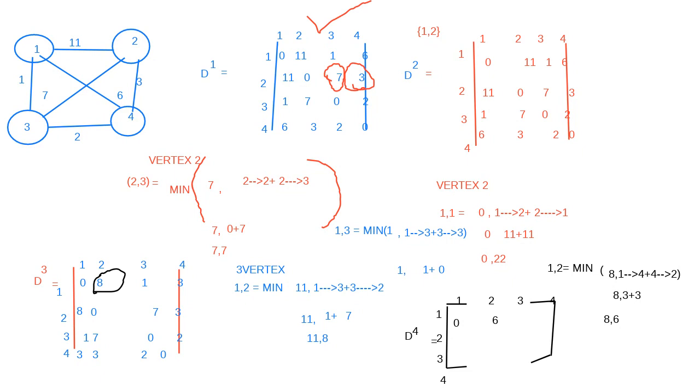Then what is 1 comma 4? 1 comma 4 is 3. Now 2 comma 1 is 6. What is 2 comma 2? It is 0. Then again it is 5.